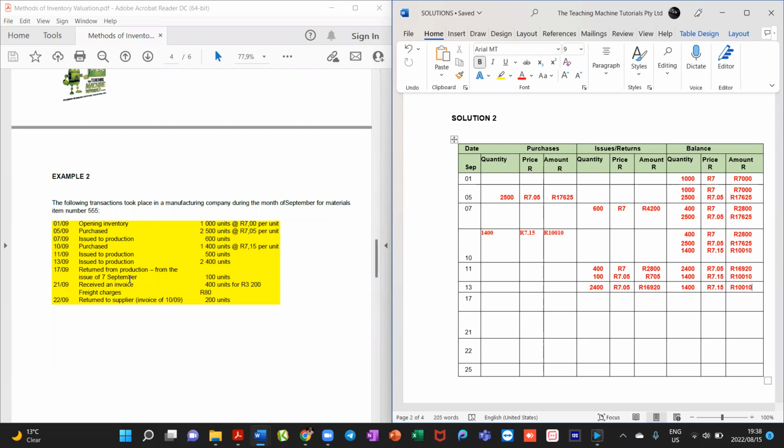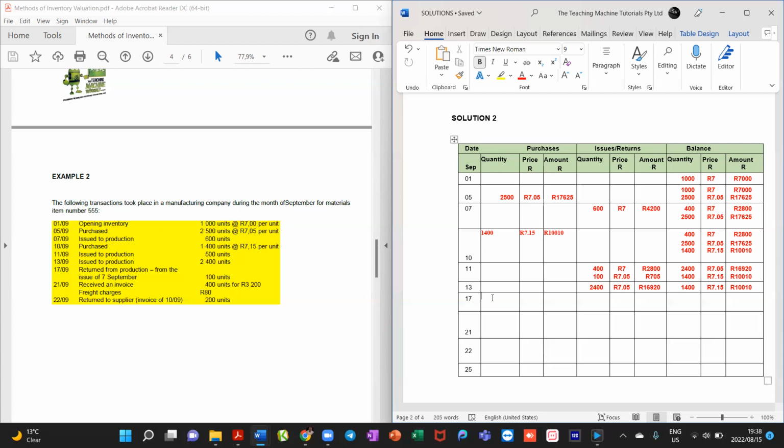Okay. Now, what will happen to the amount of inventory that we have in the business premises? It will definitely increase. Remember, I said that purchases you add, issues and returns you minus. So this return will be recorded under purchases because it has the same effect as a purchase transaction.